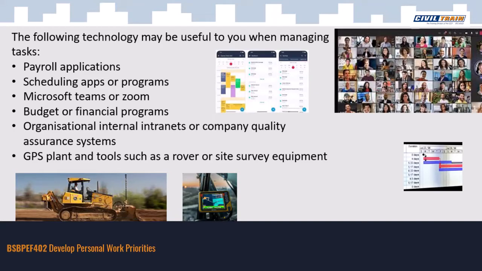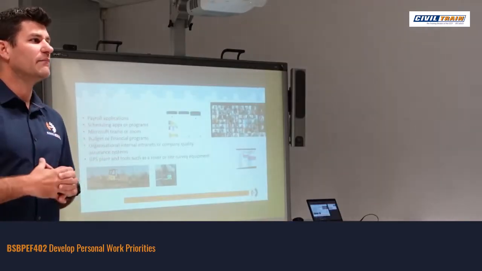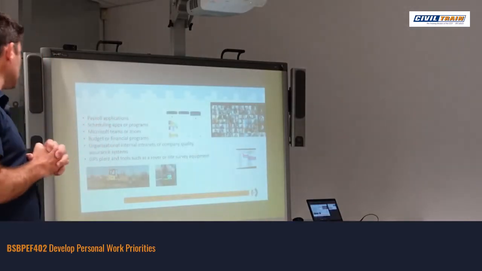We've really been thrust into that space, and I think it's definitely there to stay, in regards to the accessibility of just whacking a computer on and doing a Teams meeting instead of having to jump in a car and travel in for a meeting. Budget and financial programs, organisational internal intranet and company quality assurance systems. No doubt you guys with your systems have them internally controlled.